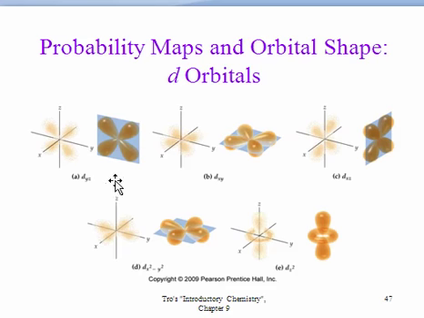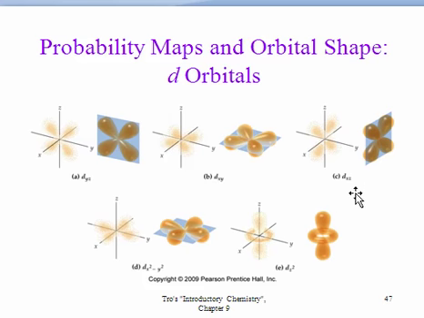And then here we see our d orbitals. There are always 5 d orbitals, and here are the probability distributions, this cloud-like formation, and here are the more simply drawn shapes. We see 4 of them have the same shape, and the only thing that is different is their orientation around our nucleus. So the dyz is between the y and the z axis. The dxy is between the x and the y axis.